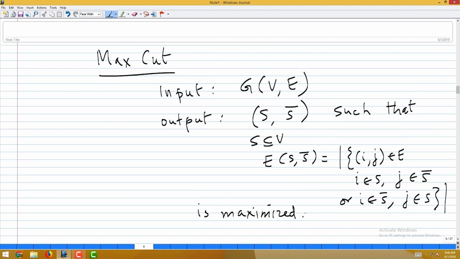Now, is the problem clear? I have to draw at least one graph in each lecture.